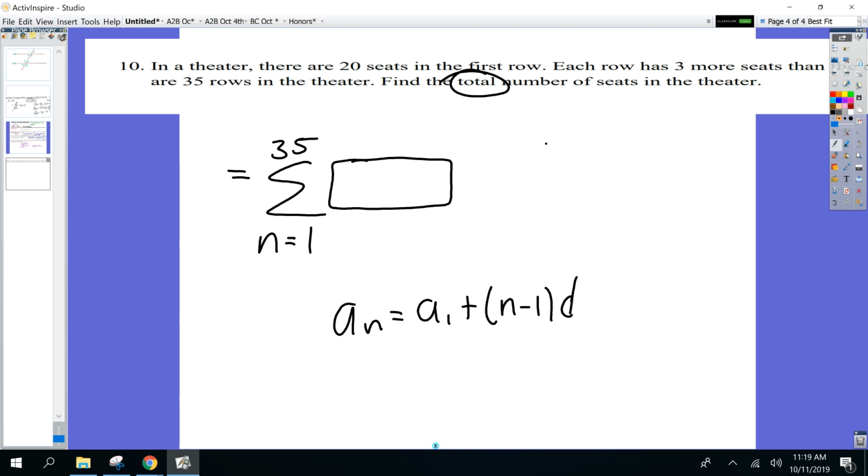Anybody give some help here? You could keep guessing. Yep. You keep it an when I find the formula for the nth term. Not off the hook. What's a1? 20. How about my n value? N stays n. What about the d value? 3. Let's clean it up, everyone.